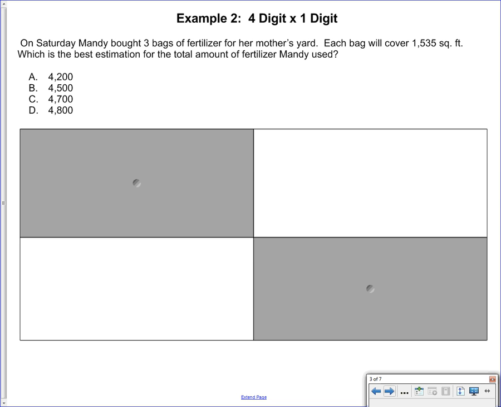On Saturday, Mandy bought 3 bags of fertilizer for her mother's yard. Each bag will cover 1,535 square feet. Which is the best estimation for the total amount of fertilizer Mandy used? So I want the best amount of fertilizer used. So again, we reread to fill in our details. So there's 3 bags.